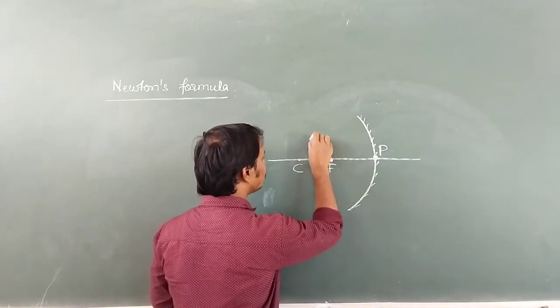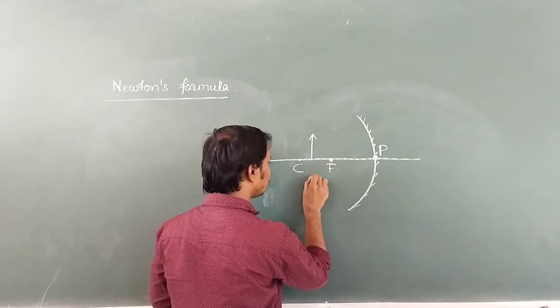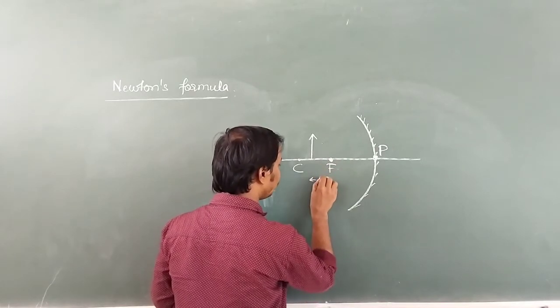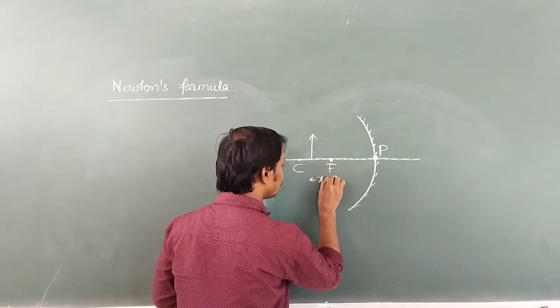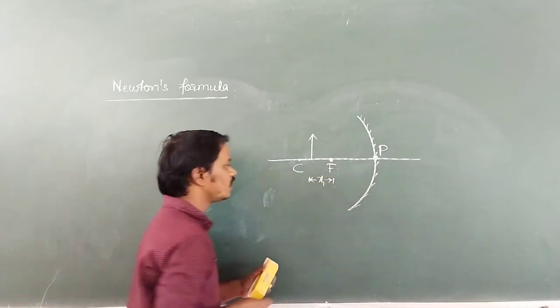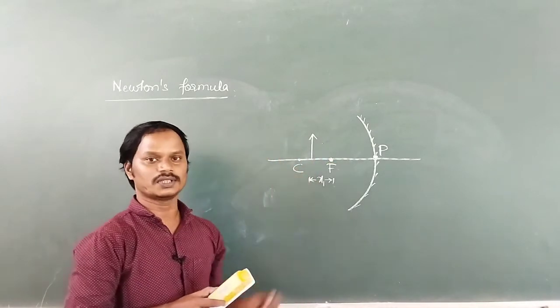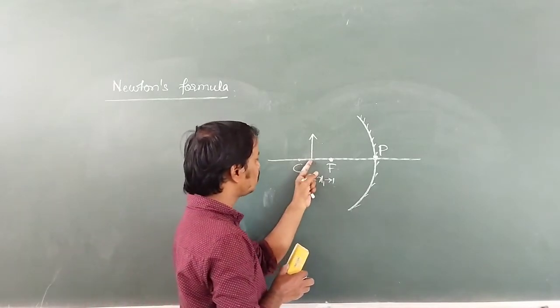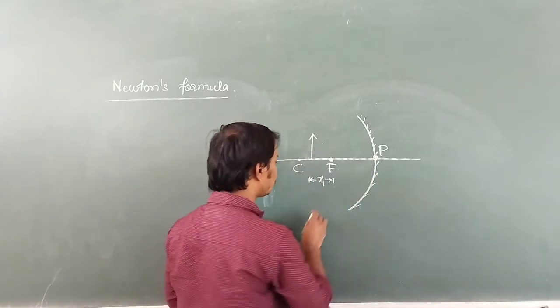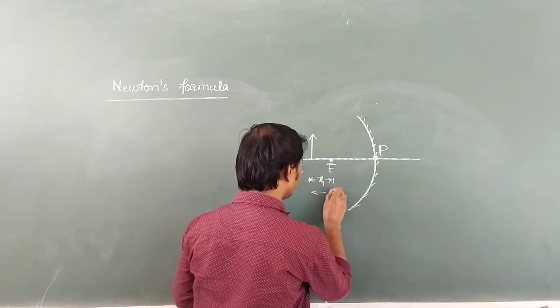Now the distance of the object from the focus, I will take as x1. What is x1 here? x1 is nothing but the distance of the object from the focus. Then what is the distance of the object from the pole? That is f plus x1.